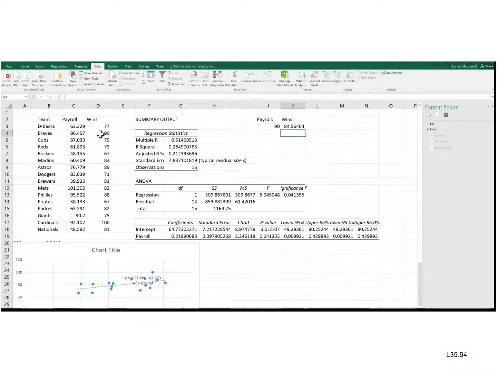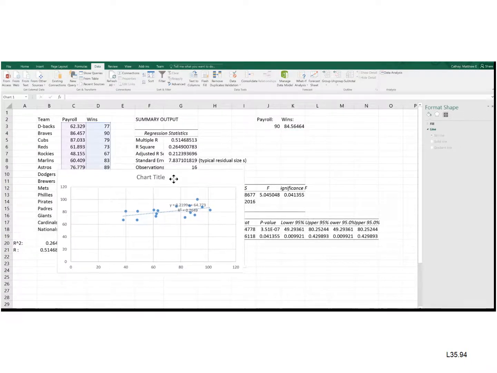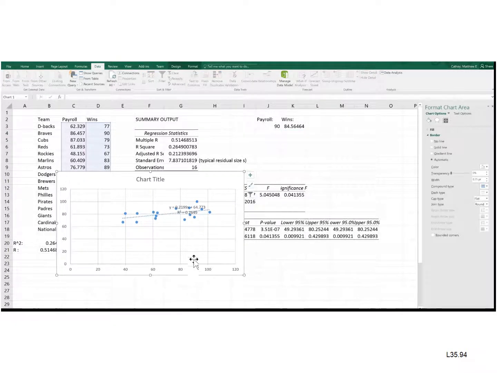Looking back at our data set, the Giants had a payroll close to $90 million, and their wins were 75. That seems kind of low. And if you look over here around $90 million, I think that point right there is the one that corresponds to the Giants. Yep, sure enough. That's the 90.2, comma 75.